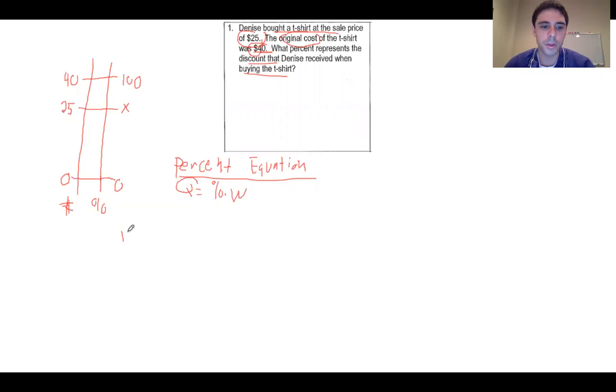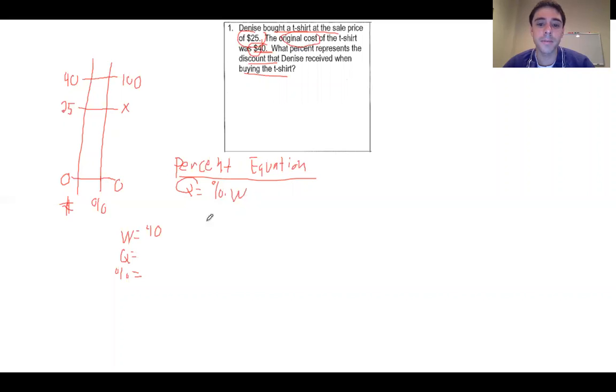So what's our whole in this problem? What's our quantity? And what is going to be our percent? 40 or 25? It's going to be the original price, 40 is going to be our whole. That's the original amount.